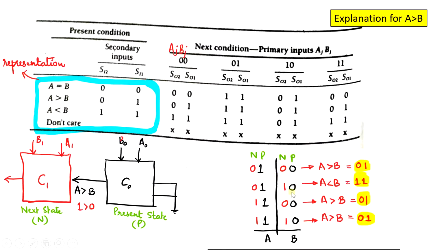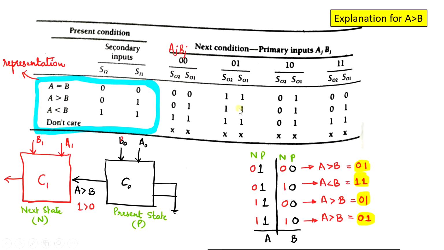So 0, 0, 0, 1, 1, 0, 1, 1, and now I am segregating and taking it as operand A and operand B and doing the comparison. So 0, 1, 0, 0, 1 compared with 0, A greater than B, and as per my encoded data, A greater than B is considered as 0, 1. That is why I have 0, 1 here. 1 is less than 2, so A less than B is encoded as 1, 1.